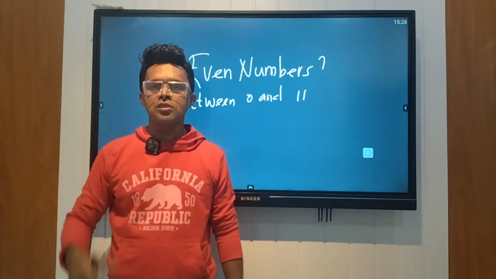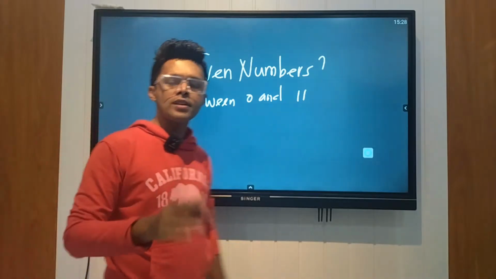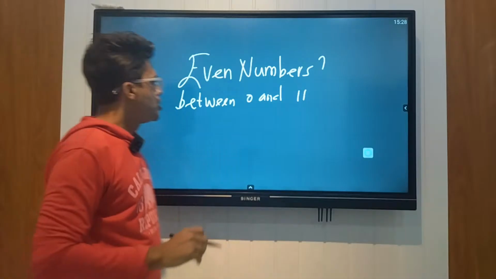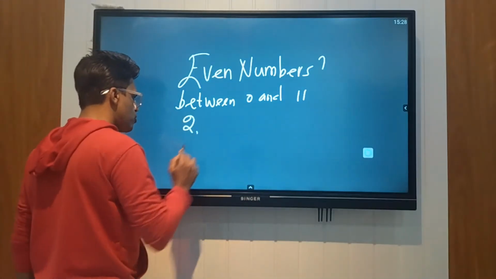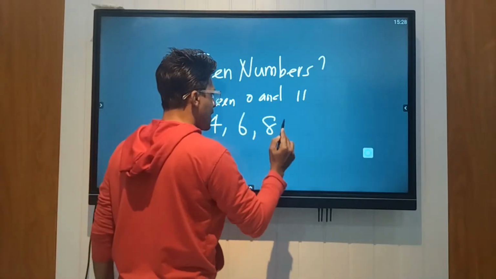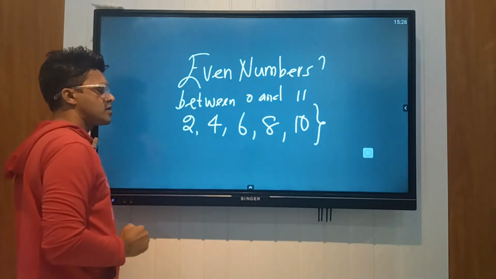Even numbers between 0 and 10: the first even number is 2, the second 4, the third 6, then 8, and 10 also can be considered as an answer.